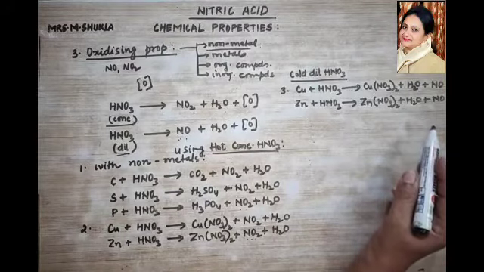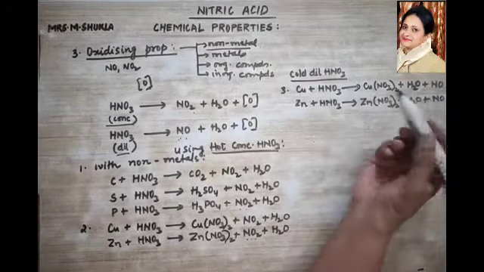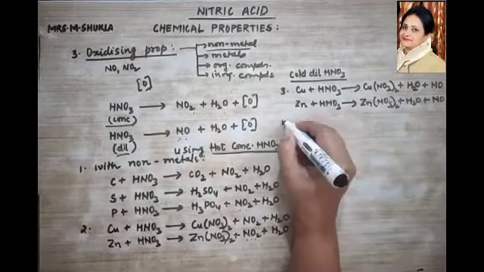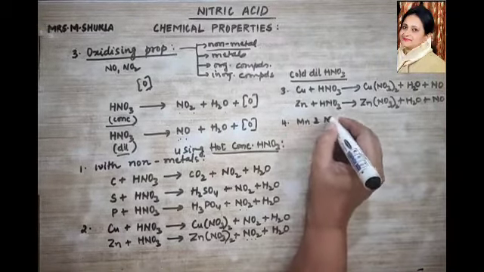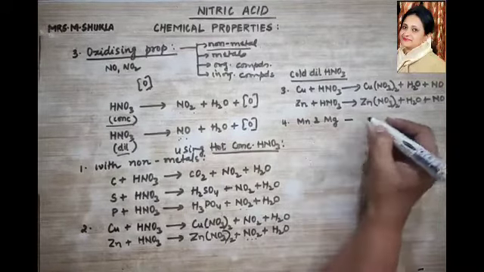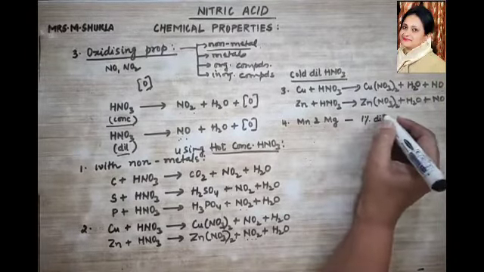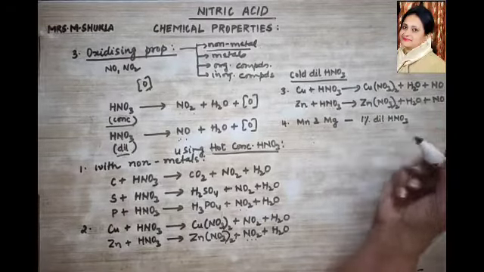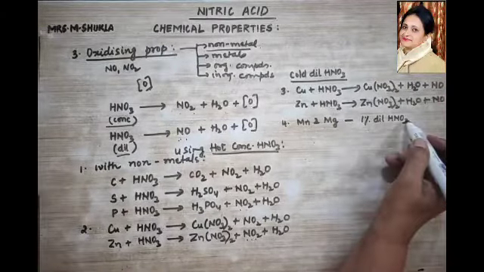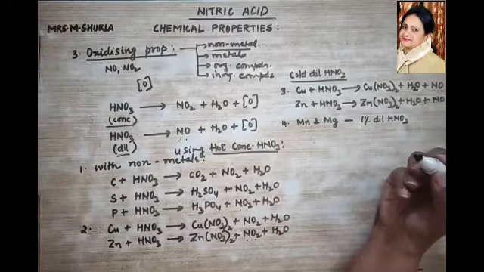Next we come to certain metals like manganese and magnesium. Okay, they can be treated with 1% dilute HNO3 to obtain hydrogen gas.